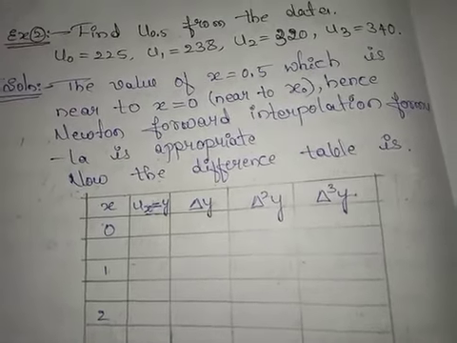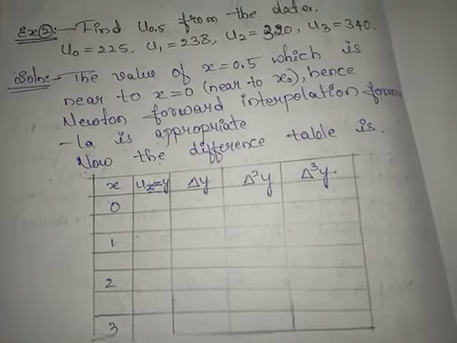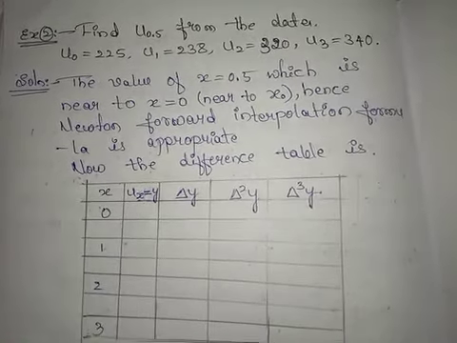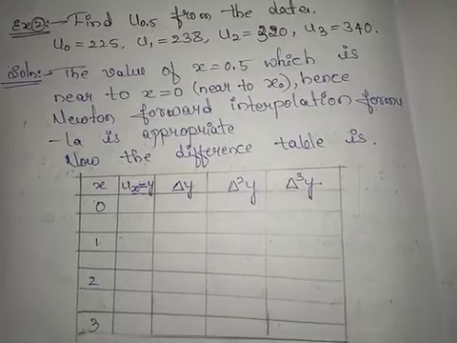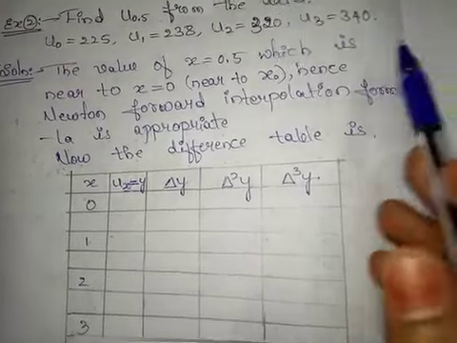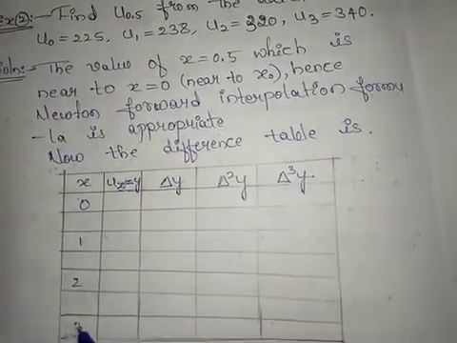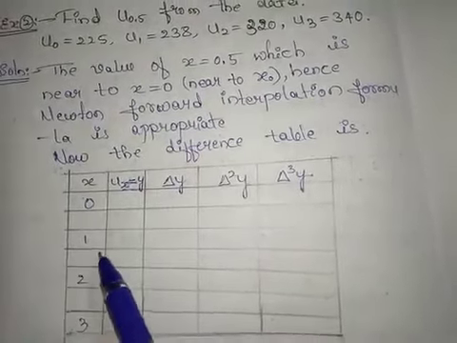And here we have a small hint. If the data is given in a different way and you get confused about which are the values of x and which are the values of y, remember always the values of x have a fixed difference.